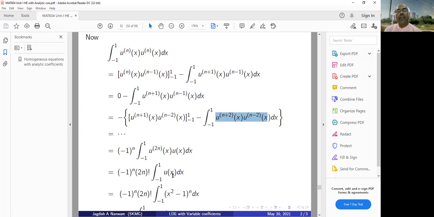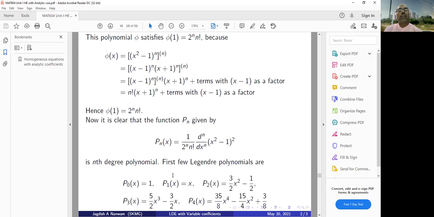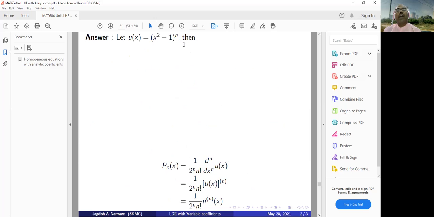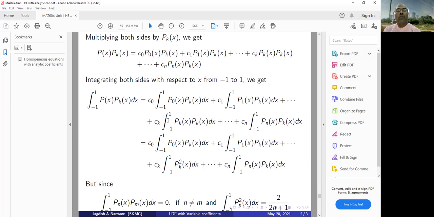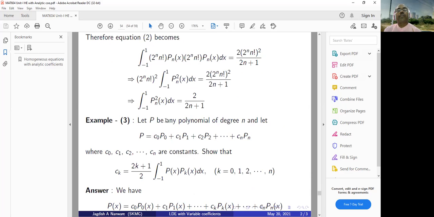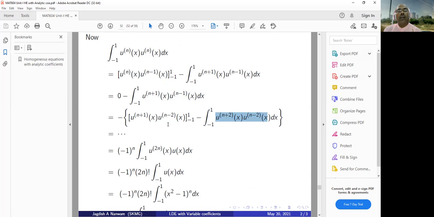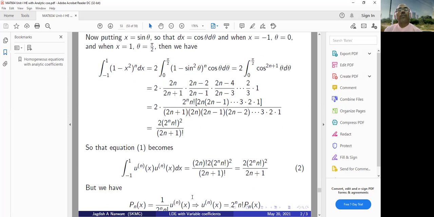And what is u of x? U of x, we have taken this function as x square minus 1 to the power n. So we put that value here, x square minus 1 to the power n, and simplify further, so that we use this substitution.